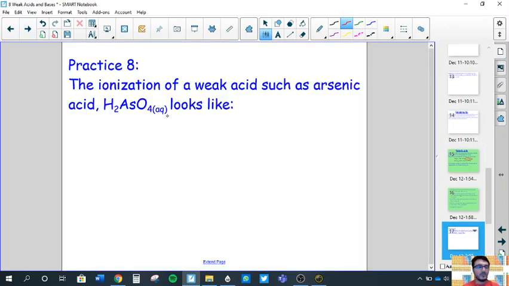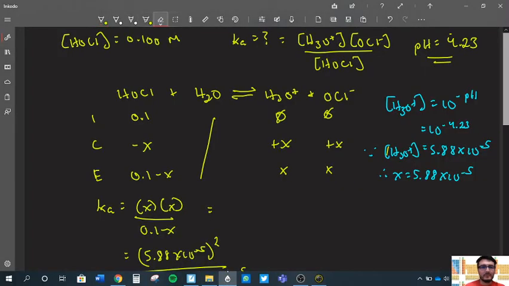Okay, the ionization of a weak acid such as arsenic acid looks like this. This is a diprotic acid, and you can probably do this yourself, but I'm going to do it together with you. Oh, I'm going to switch though. Okay, so arsenic acid. The water is implied by the aq here.